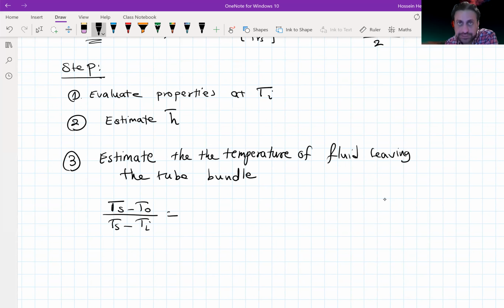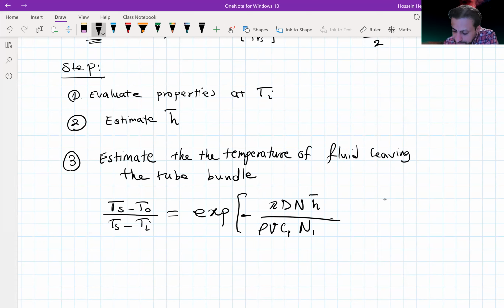The ratio of temperatures is going to be the exponential of minus pi D N h, where N is the total number of tubes, divided by rho V c_p N_T S_T.